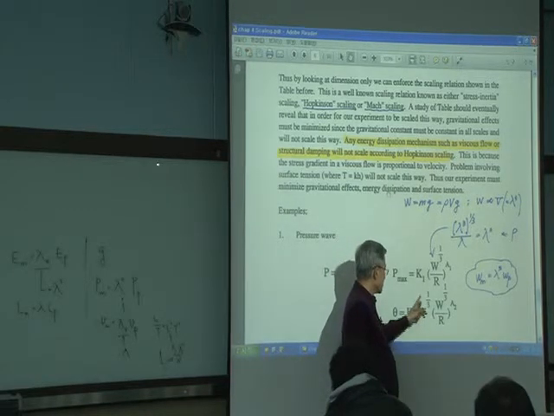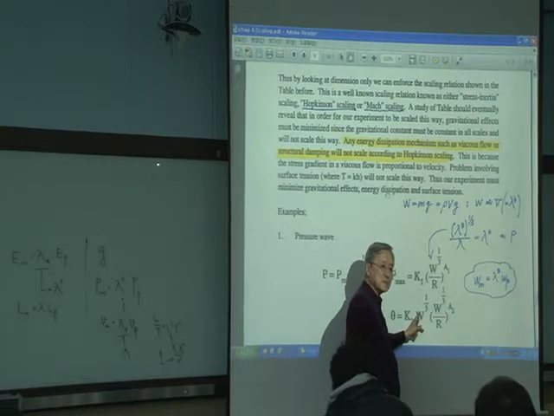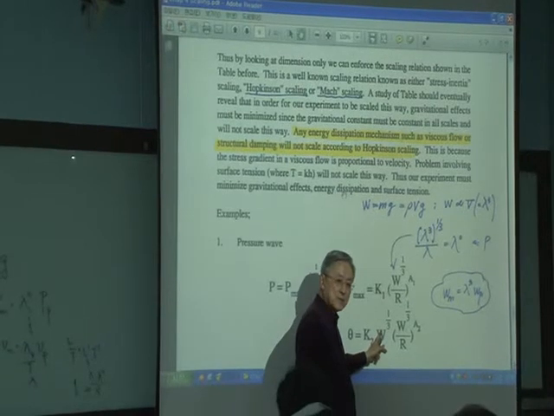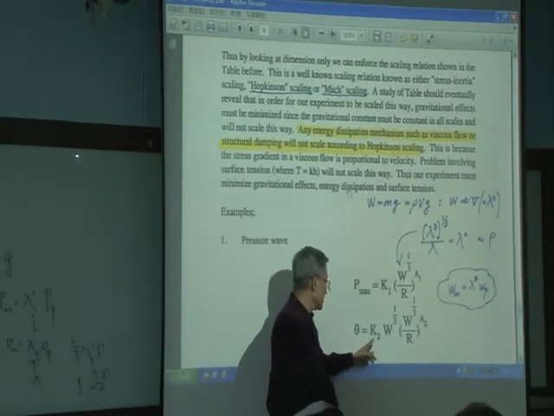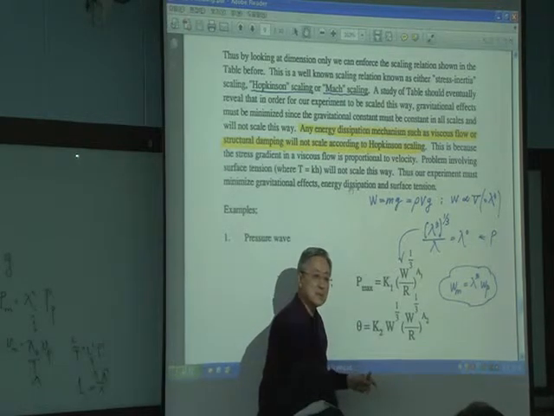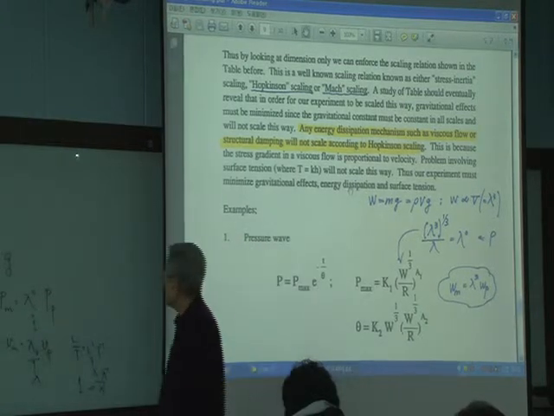But by looking at this, what's the scale factor for this to the 1/3 power? It is lambda, right? And this is a constant. Then the scale factor for theta is lambda, right?